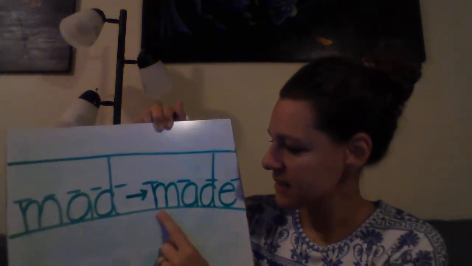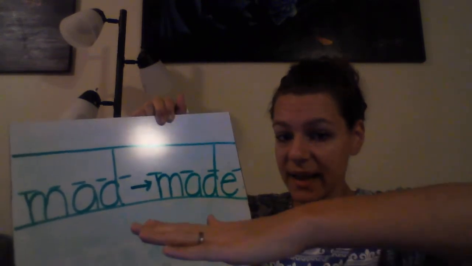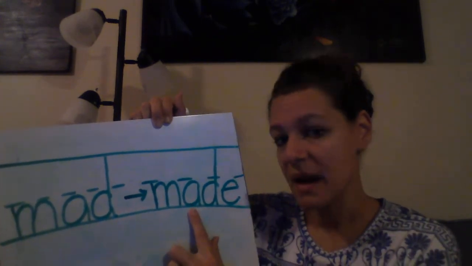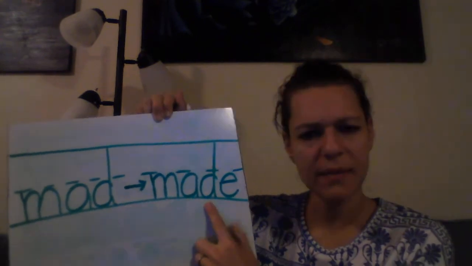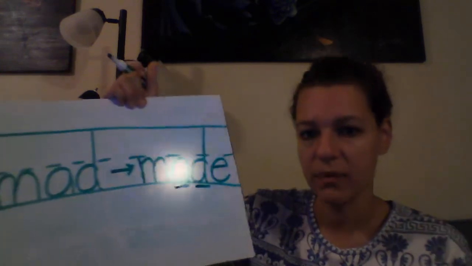All right, let's mark it. Does this need a marking? How about this? Good, we underline it because it's saying its name. Remember, that's our special signal that says our vowel's saying its name. And how about this? Good, we underline our d because that's part of our team, right? The silent final E can't do its job without that consonant before it.